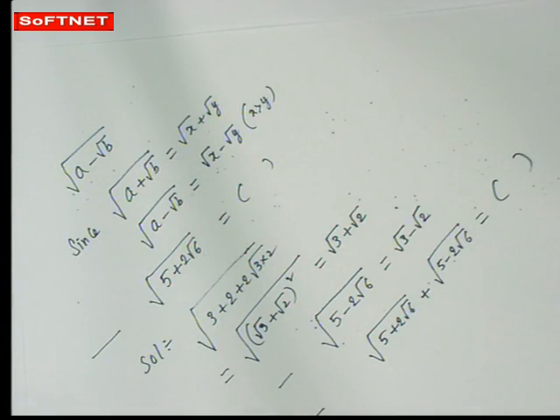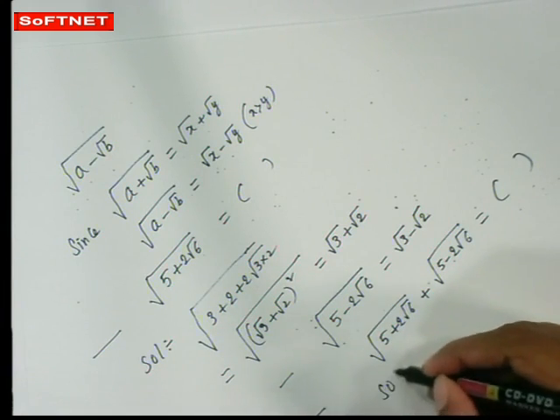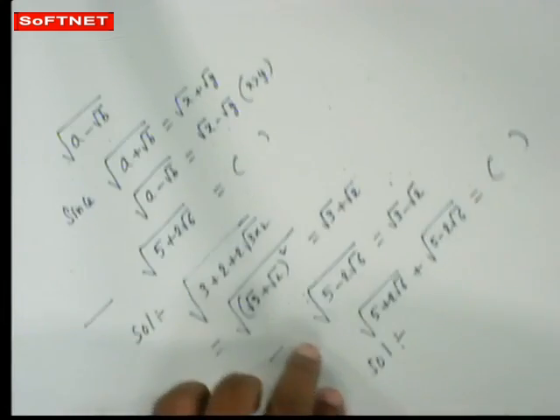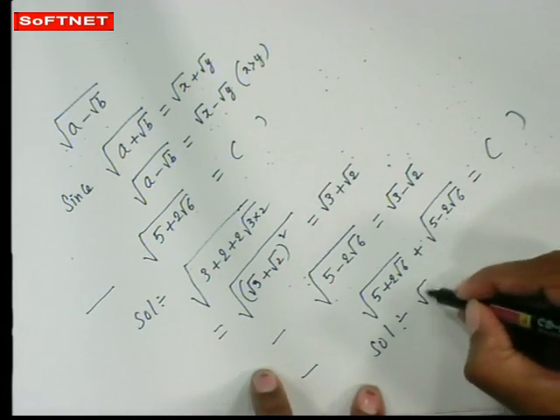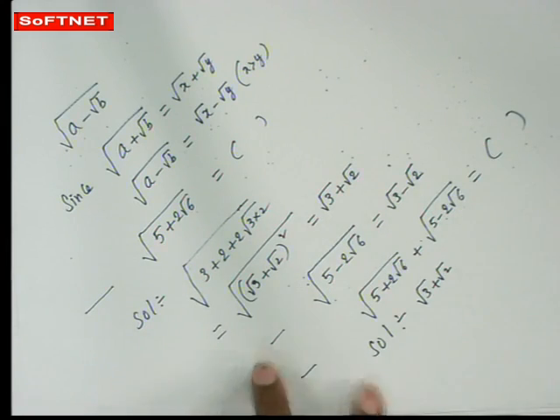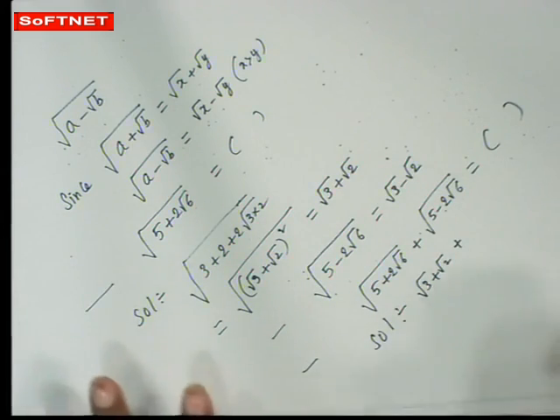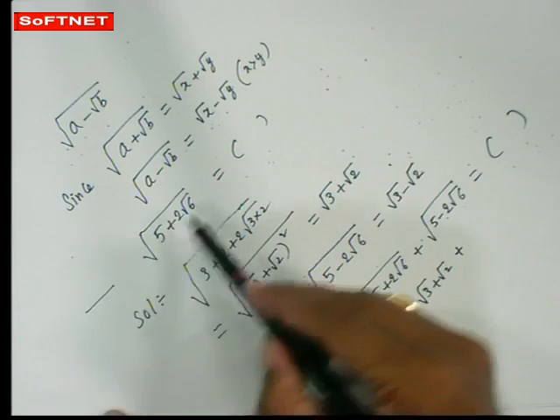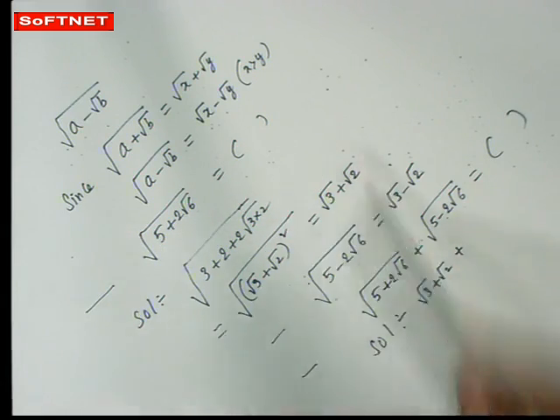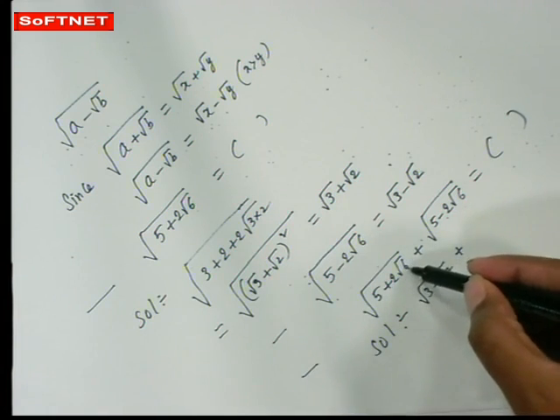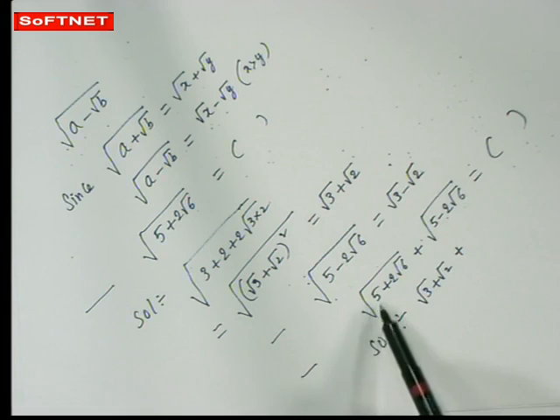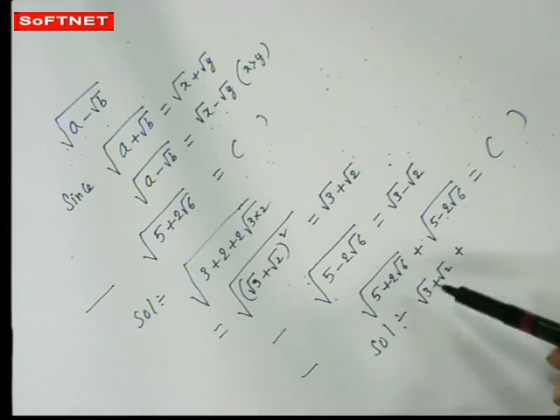Already we dealt with square root of 5 plus 2 root 6. That is equal to root 3 plus root 2. If you want to write directly, we can write 6 as 3 into 2 and 5 as 3 plus 2, so root 3 plus root 2.